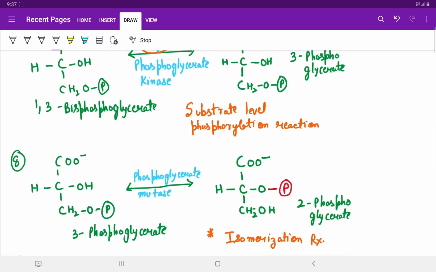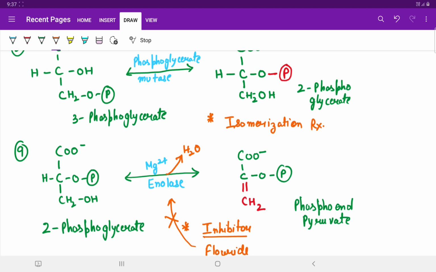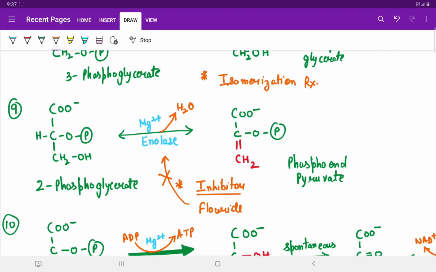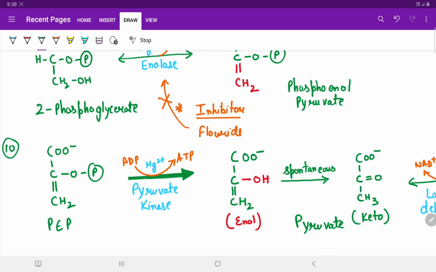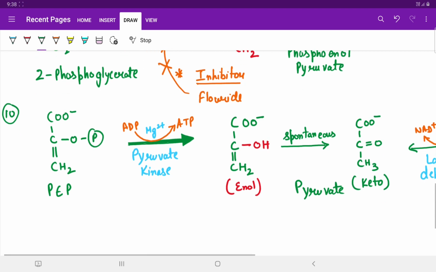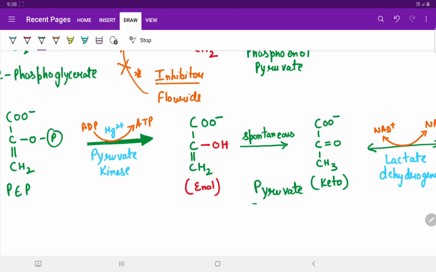Then 3-phosphoglycerate undergoes isomerization reaction and is converted into 2-phosphoglycerate. The 2-phosphoglycerate in presence of enolase enzyme is converted into phosphoenol pyruvate. And ultimately the phosphoenol pyruvate undergoes an irreversible reaction through pyruvate kinase enzyme and with production of one ATP molecule leads to formation of keto form of pyruvate.